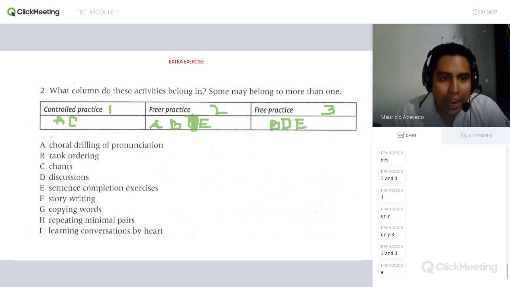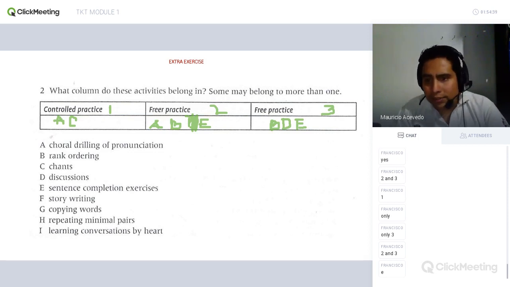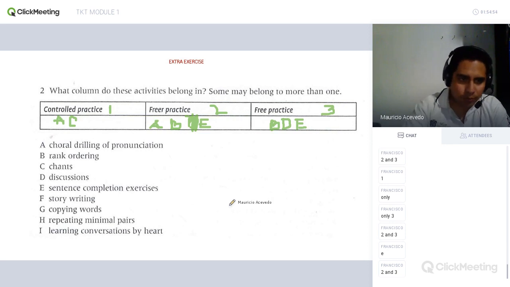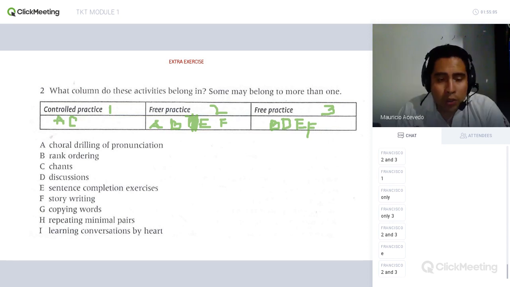Okay. Story writing. What do you think, story writing? F. Two and three, one more time. Okay, so I'm gonna write here F. Okay. Copying words.